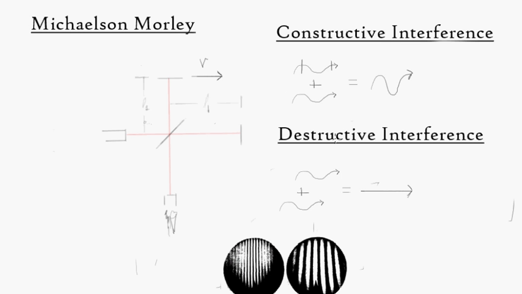And so the idea is, if light does propagate through the ether, these particles are being dragged with the ether, and then they have to swim against the ether, whereas these photons have to go at an angle and come back. And the way Michelson proposed to view this was through looking at the interference pattern of light.